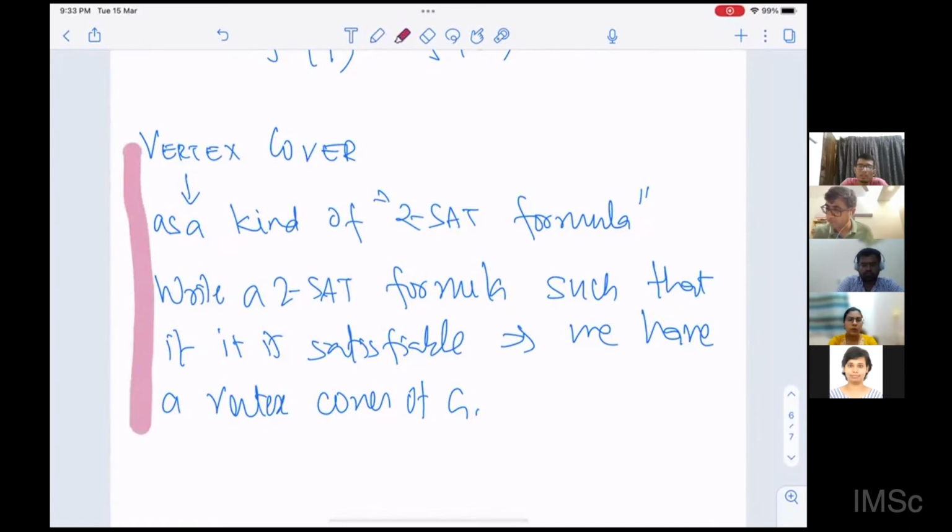For each vertex define a variable, and for each edge. Yes, Sonak, I will come to you in a minute. But does everybody at least understand what two-SAT formulas are? If you do not know what two-SAT formulas are, can you put -1?